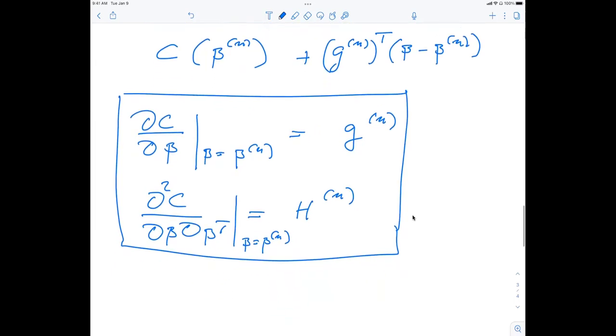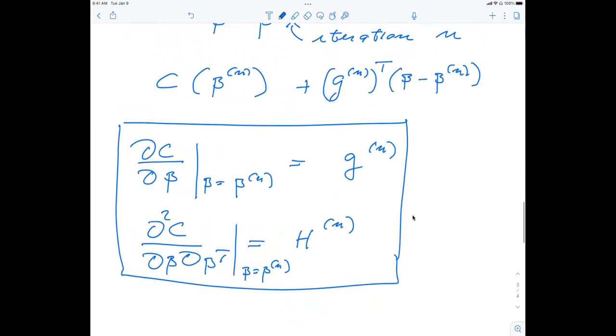And then what we get next, so let me just put this one in here, plus, and then I have a factor of a half. So this is the second derivative. And now I'm going to get this beta hat minus beta of n transpose multiplied with the Hessian matrix, or the second derivative.